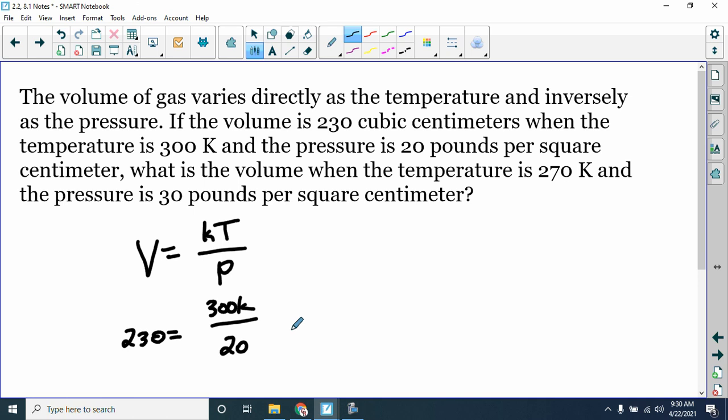Solve for k. So we've got 230 times 20, 4,600, equals 300k, divide by 300, gives me k equals 46 over 3.